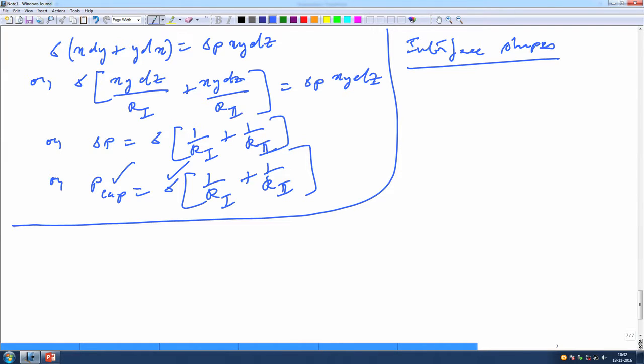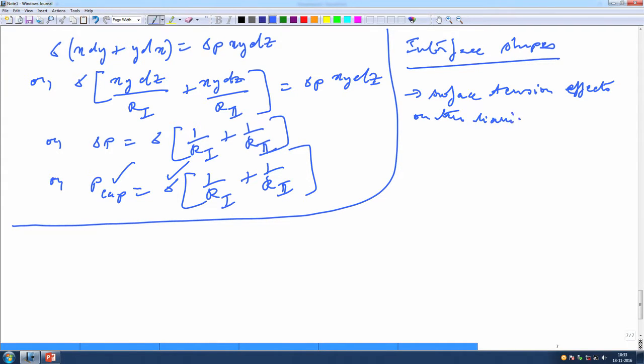We can demonstrate it in multiple ways, but the interface shapes need to take into account the surface tension effect, like what surface tension does to the interface shape. Surface tension effects on the liquid vapor interface.